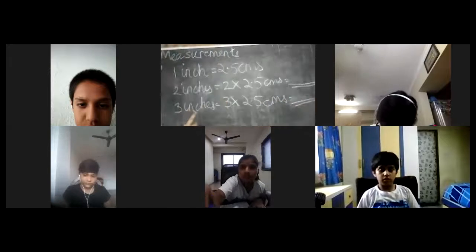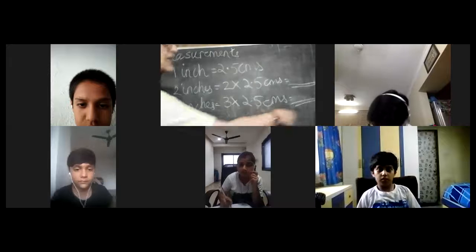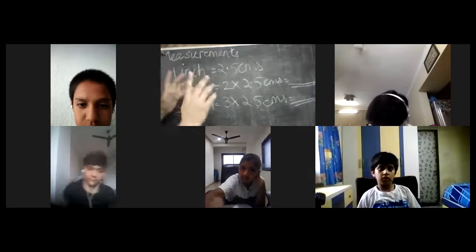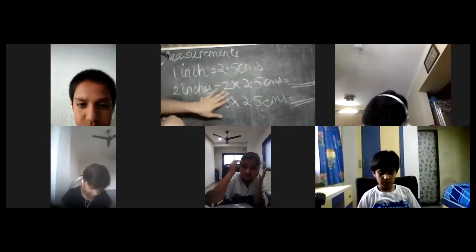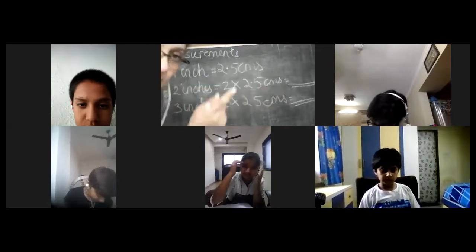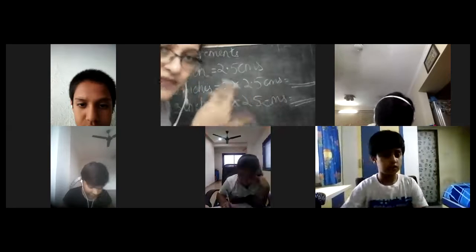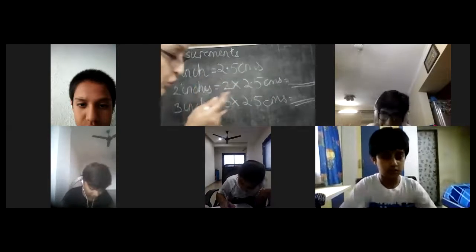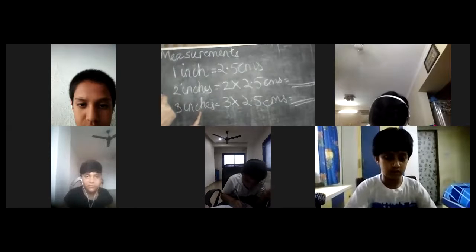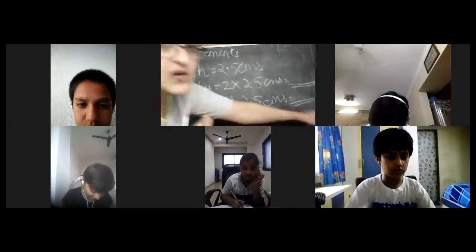I need you to write these inches, centimeters each time. Otherwise, if you submit your paper to me without writing the measurement unit, I will add there apple, mango, banana. So you must make sure you're writing the unit correctly. Okay?